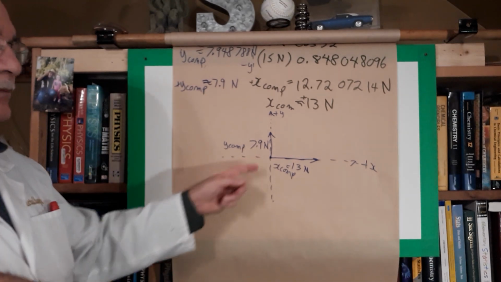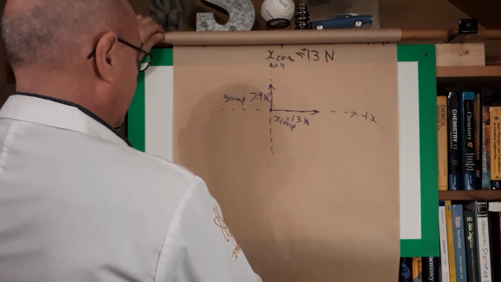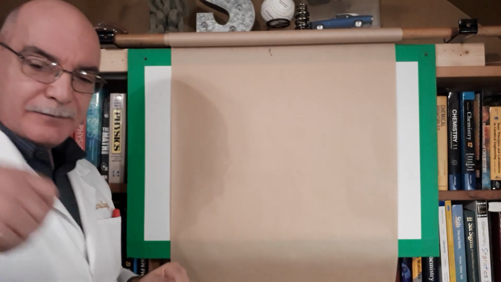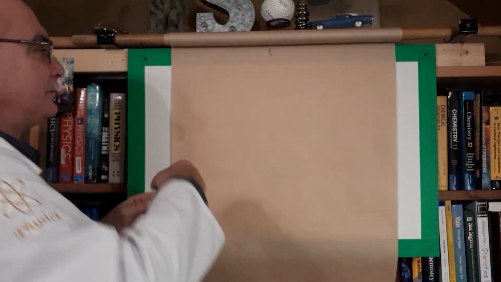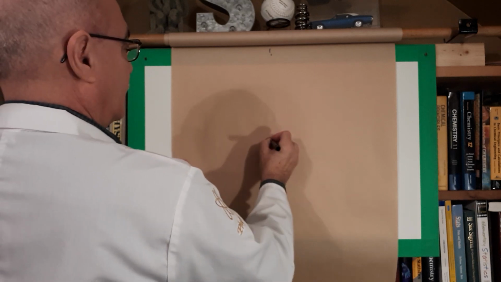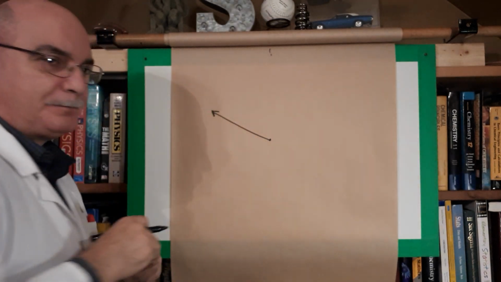So let's do another example of resolving vectors into their x and y components. Let's take another vector now. This time I'm going to go to my left, and I'm going to exaggerate it. I'm going to start here. Here's the tail of the vector and the tip of the vector.